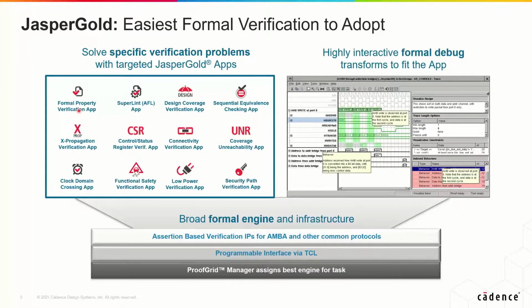With that, we also have a feature in Jasper called Visualize, and this is our waveform viewer. So I would say it's a more intelligent waveform viewer, as it contains many formal enabled features for you to understand what's going on in the design.